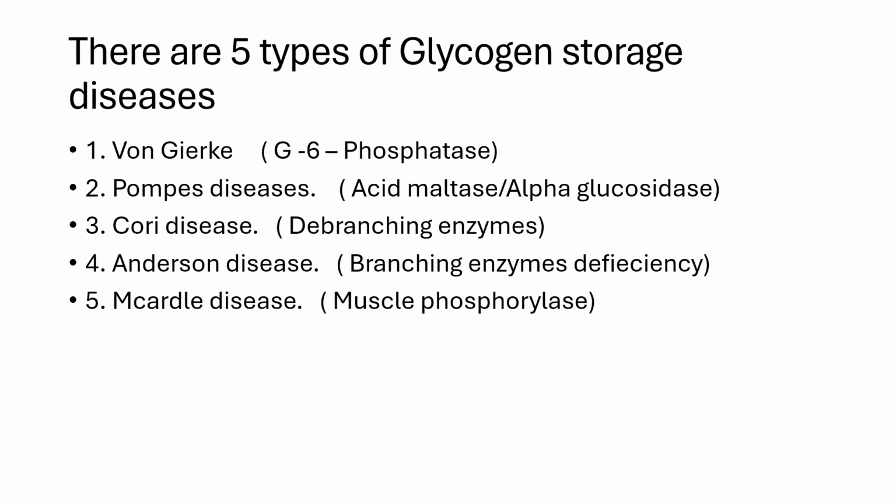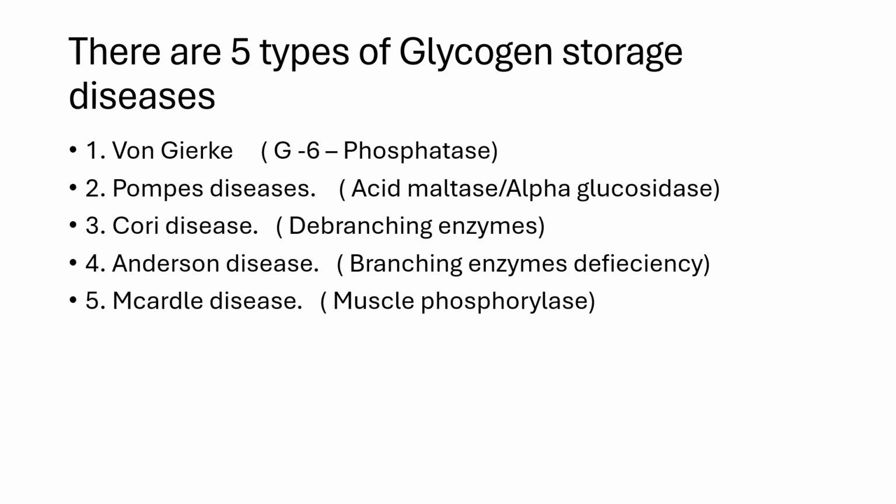We have five types of glycogen storage diseases. First is Von Gierke disease. This is caused by the deficiency of glucose 6 phosphatase enzyme. Second is Pompe disease. This is caused by the acid maltase or alpha glucosidase deficiency.